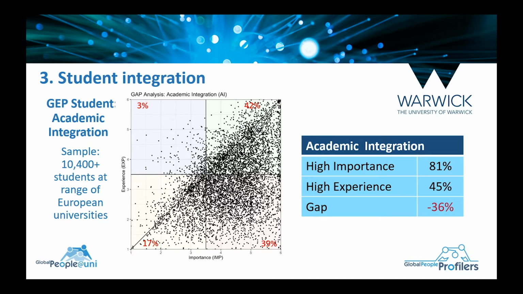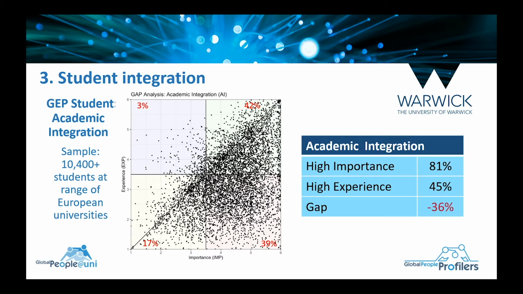The good news from this distribution, if you look at the right-hand 2 quadrants, that's what is important to students. 81% regard academic integration as being important or very important.